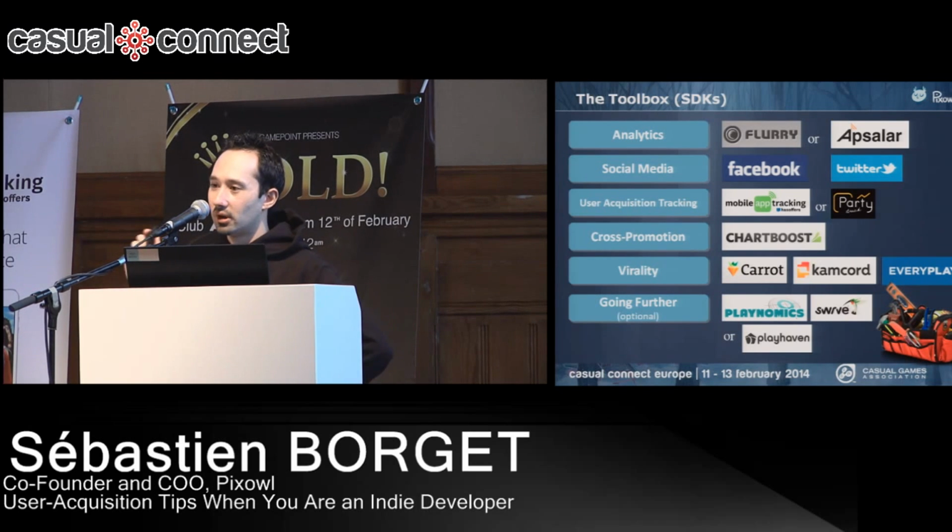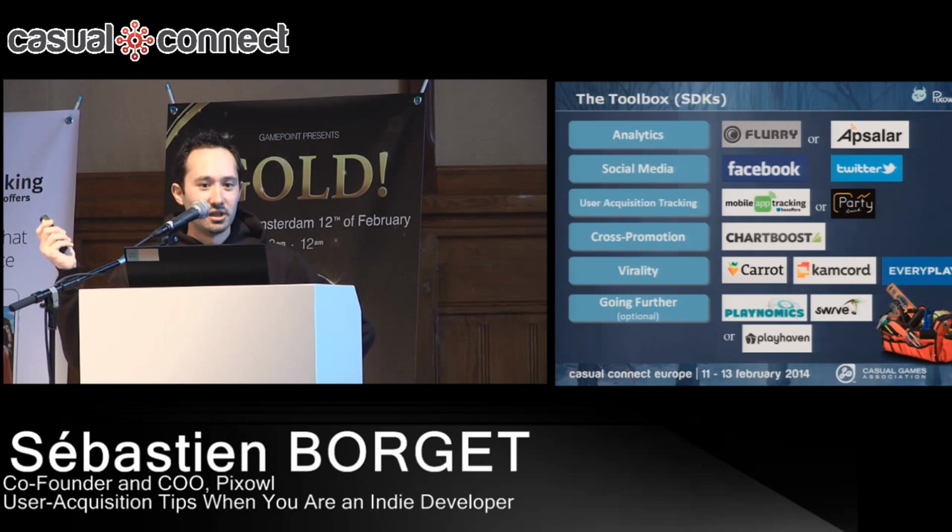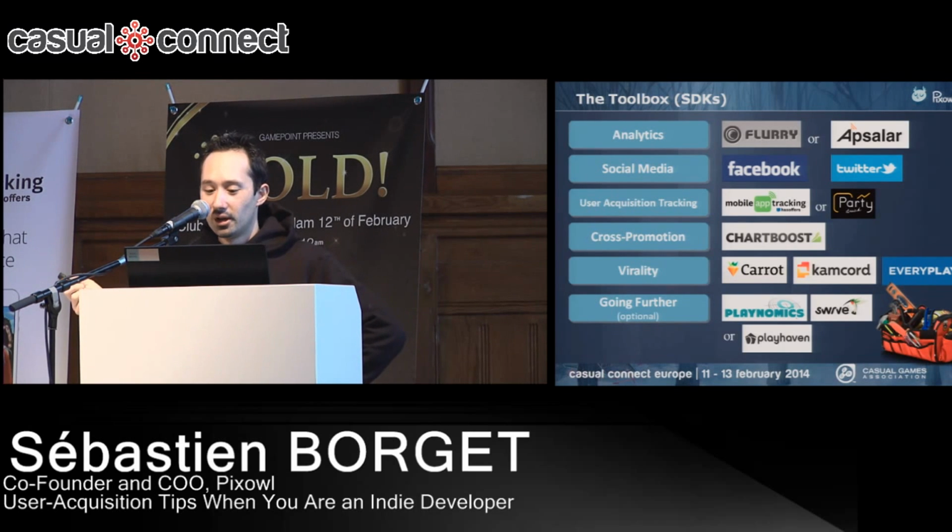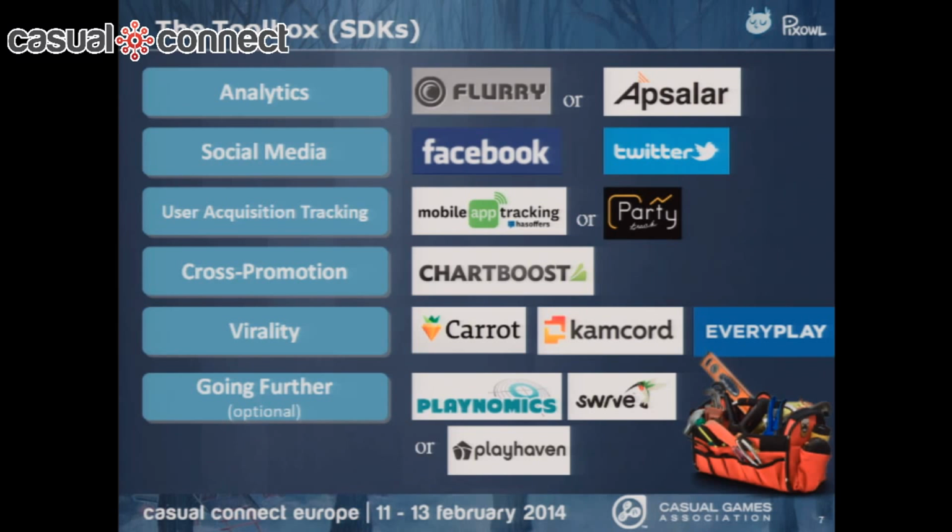First of all, I wanted to list a toolbox of all the SDKs you need as a game developer to do successful user acquisition. So you need to have analytics, that's the bare minimum. I recommend using Flurry, AppSalar, or you can look for other solutions like Contingent and others, but I don't think they are free. I might be wrong, so check.